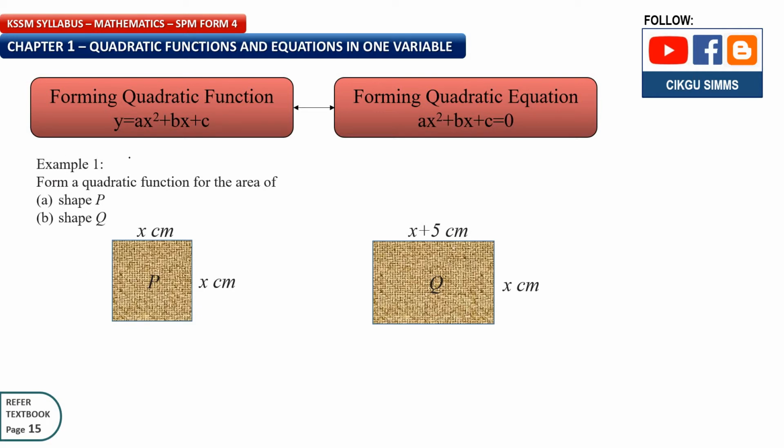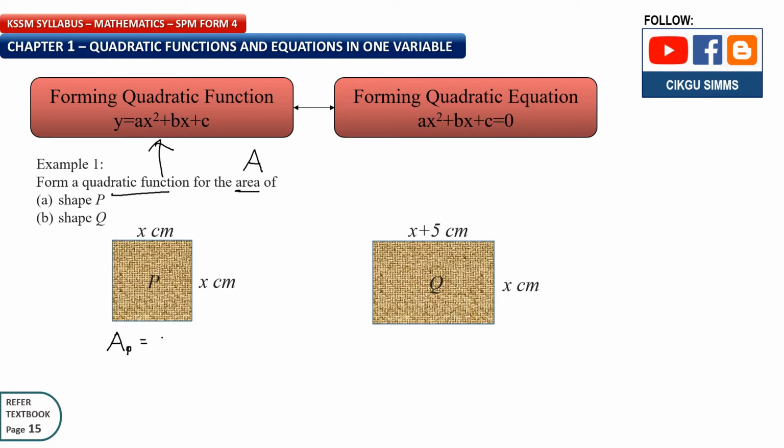Okay, form a quadratic function. For the area, we can use the symbol A of shape P and also shape Q. So we do shape P first. Area of P equals length times width, right?